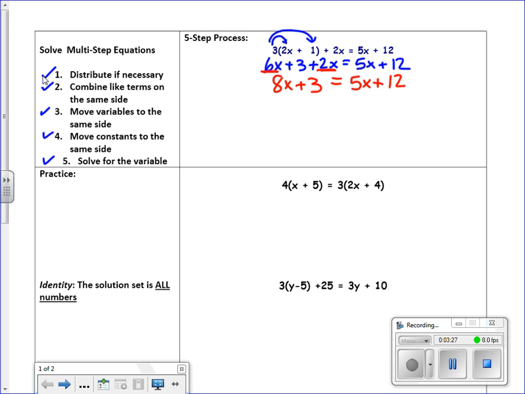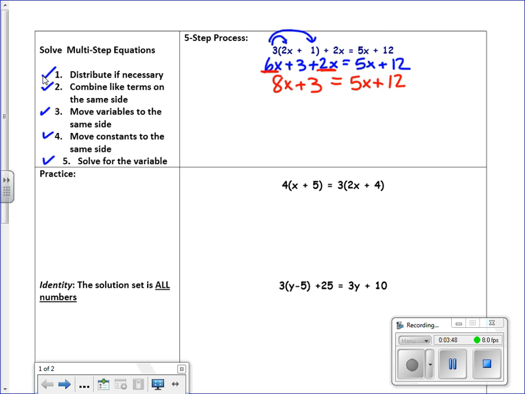Most of the mistakes I make when I'm solving equations are dealing with negatives. I don't carry the negatives all the way down. And you'll find that's probably the majority of the mistakes you do. So I try to avoid having negative coefficients and negative terms as much as possible.